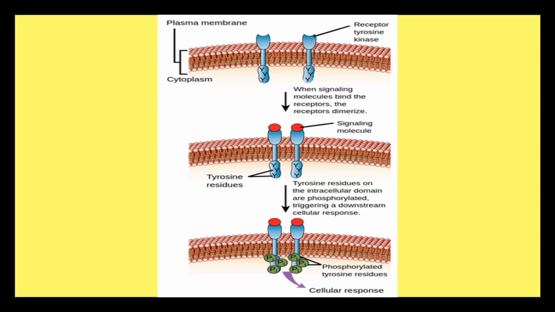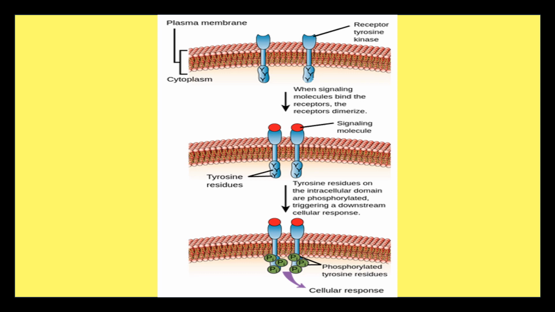Like you can see here, these are the monomers of receptor tyrosine kinase. After the ligand binds with the receptor tyrosine kinase, they form dimers, and after forming dimers they start autophosphorylation and get themselves activated.